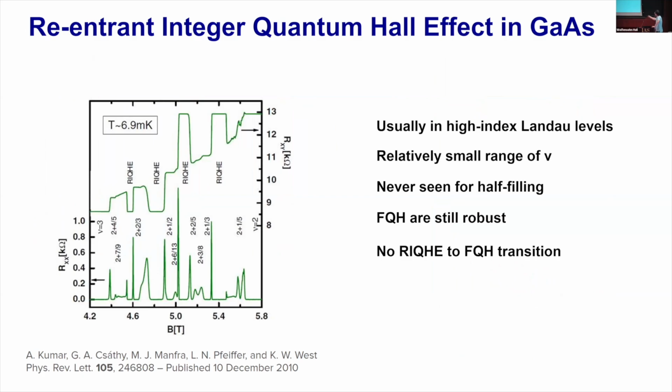Usually, reentrant quantum Hall happens in high index Landau levels, and a relatively small range of filling factor, instead of across the board from 1/2 to 1, right? And reentrant quantum Hall is never seen at half filling. It doesn't get replaced, and there's no phase transition from reentrant quantum Hall to fractional quantum Hall.